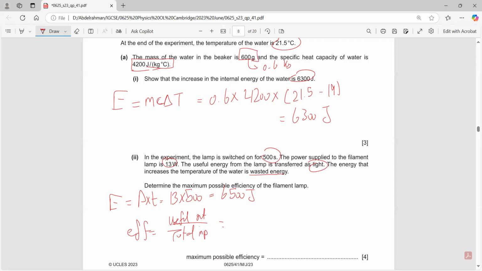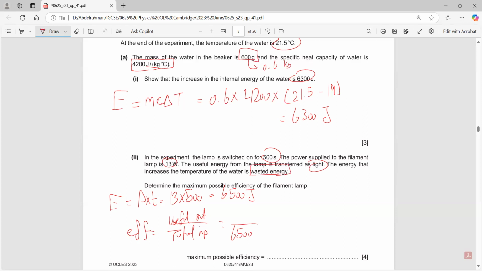So we have the input, which is 6,500 joules. This is the total input. The useful output in this case, he said that the energy used to heat up the water was the wasted energy.